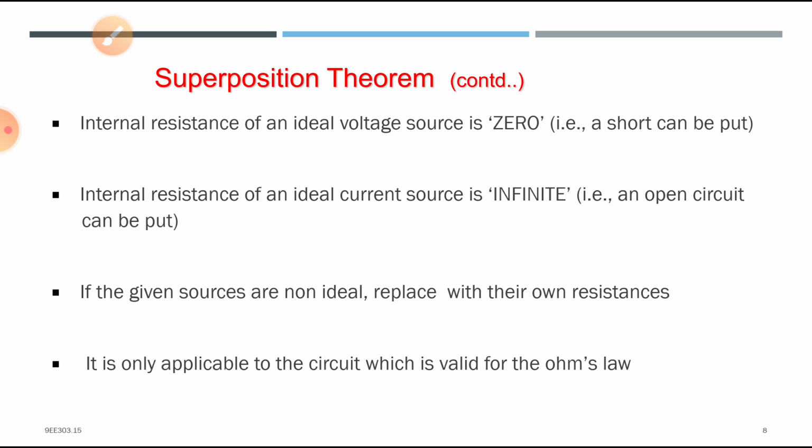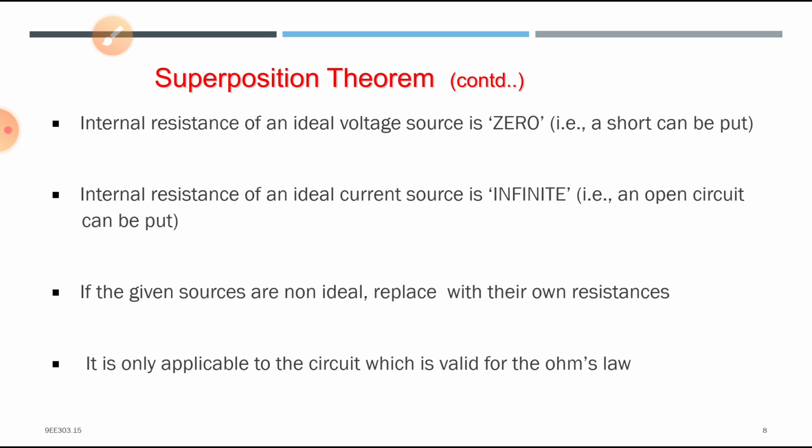What is Ohm's law? It obeys linearity. So V is proportional to I. At constant temperature, the current in a closed circuit is directly proportional to the applied voltage. If voltage increases, current increases.